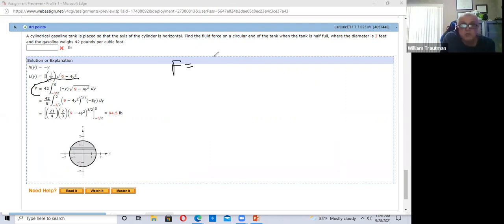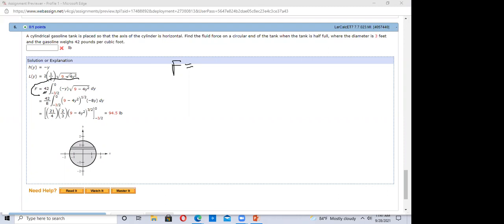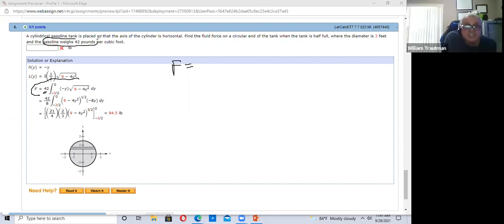Equals, can somebody tell me where they got 42? Density of gasoline weighs 42. Yeah, this is the density of gasoline, so they gave that to us. So the formula is W, and we're integrating right here.